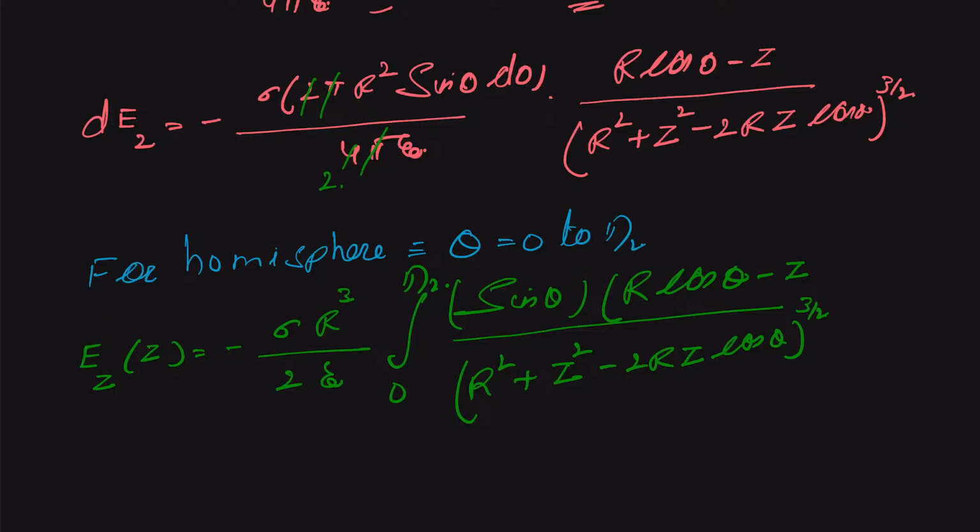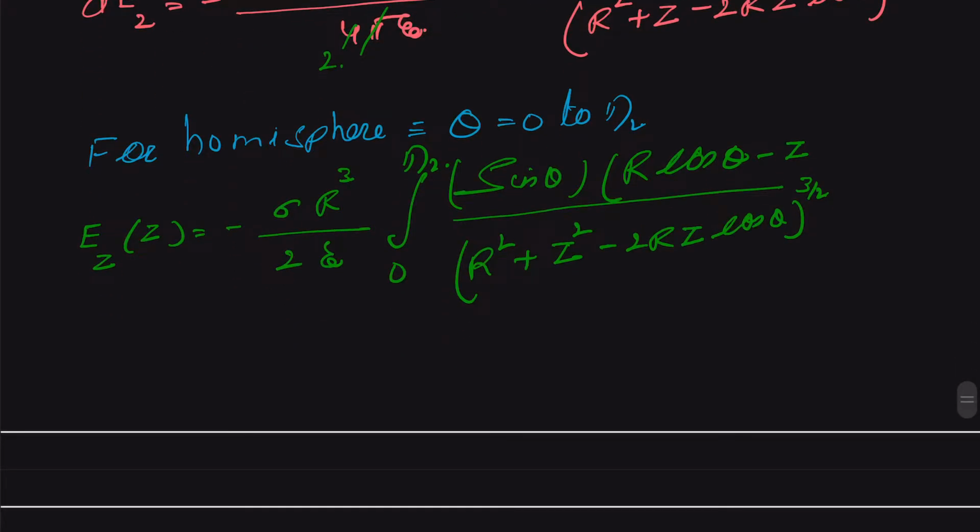So we say that u is equal to r square plus z square minus 2rz cos theta. It will be a lengthy process.